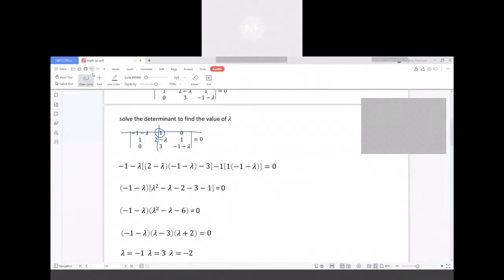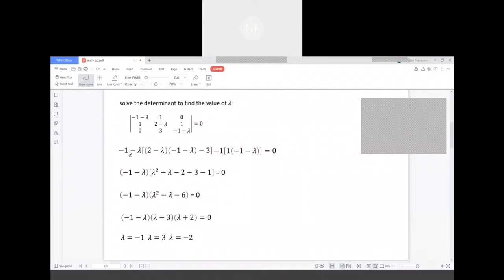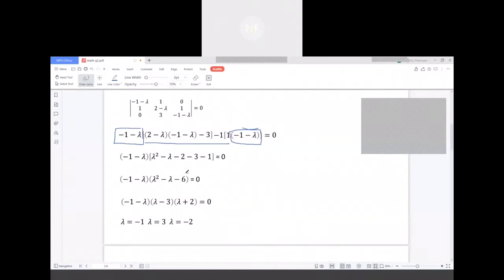And then we just factorize out -1 minus lambda, since both sides have this number. And then we just solve the other number, and then we will get lambda square minus lambda minus 2 minus 3 minus 1, and then equal to 0.